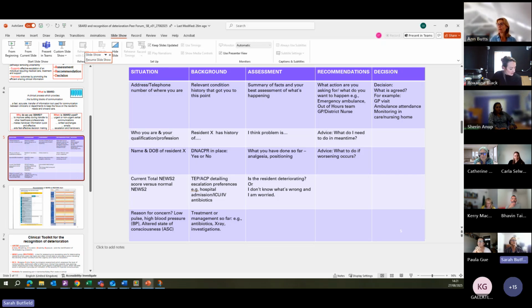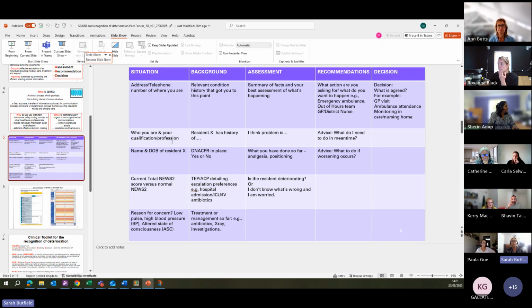So this is a snapshot of what SBAR could look like, and I'm not going to talk you through the whole slide, but it gives you an indication. So your situation: who are you, where are you, and importantly, your contact details. If you've ever dealt with 111, you know that they need that detail, because if the line gets dropped, they need to be able to get back to you and know what they might need to do for you.